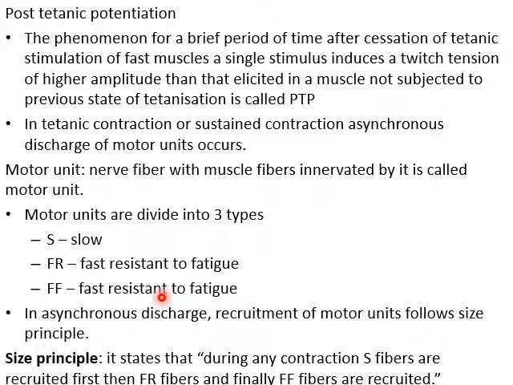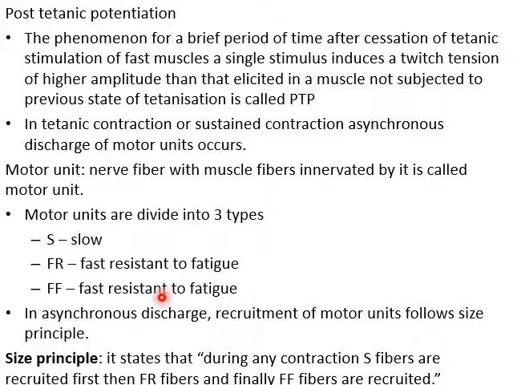Now coming to the asynchronous discharge and recruitment of these motor units. Just now I said that there is asynchronous discharge of motor units when there is sustained contraction of muscle. Now, how are these muscle fibers recruited? I said one muscle fiber is contracting for 5 minutes, another for 8 minutes, another for 10 minutes, 11 minutes, and so on.